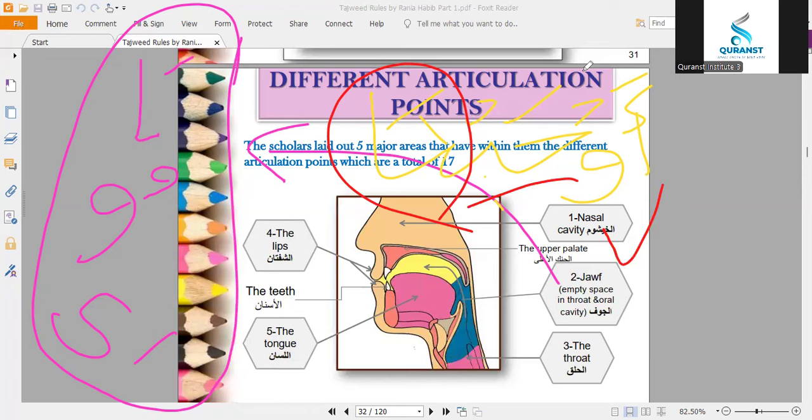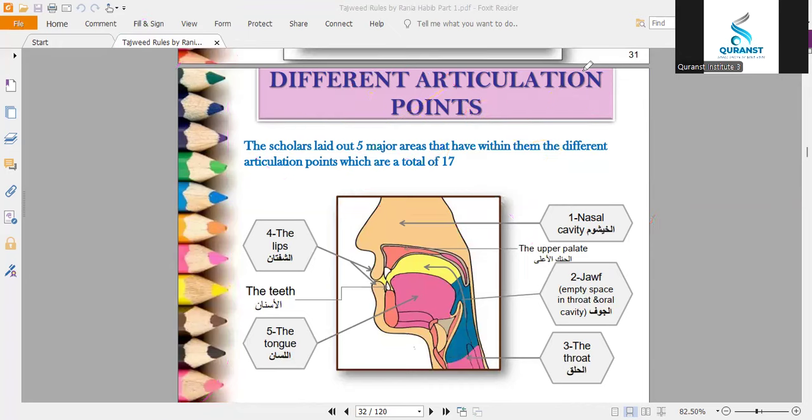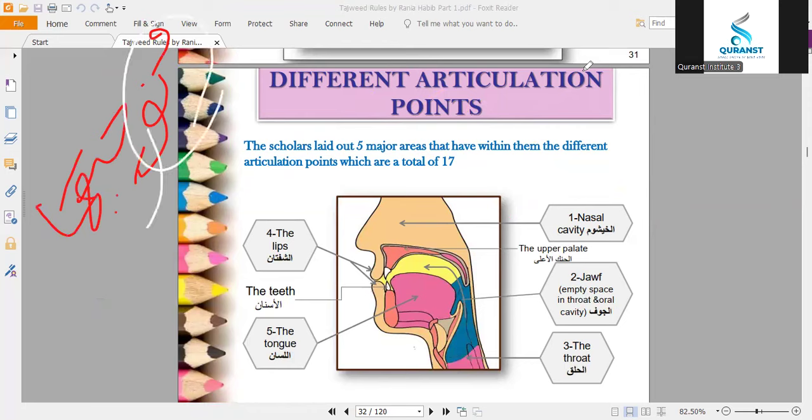And we can find all of them in one word in the Quran. Dhamma before waw. Kasrah before ya. Fathah before alif. So if we want to pronounce all of them, we will pronounce like that. Try to catch any touched place in your mouth.